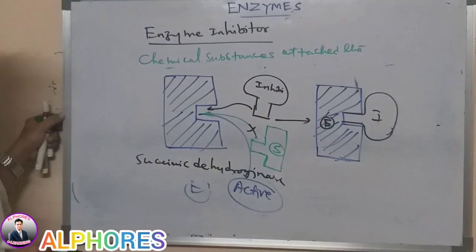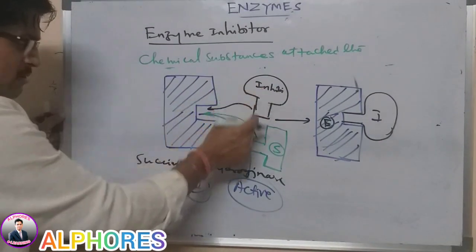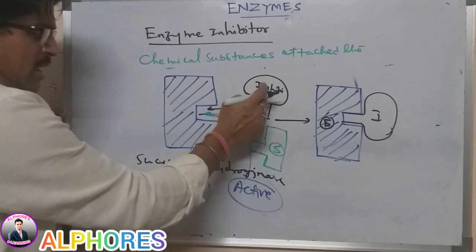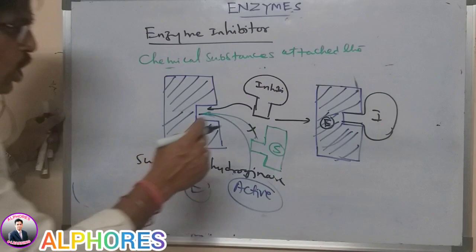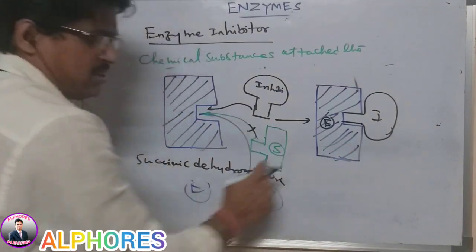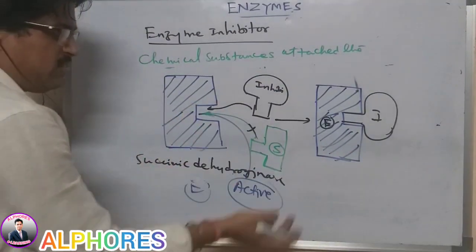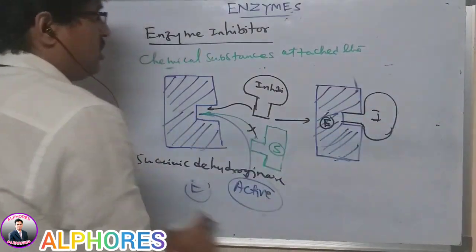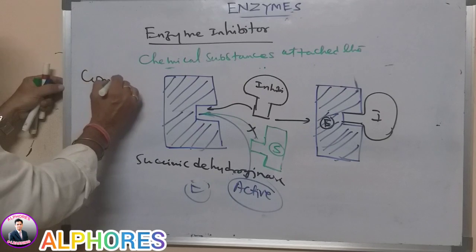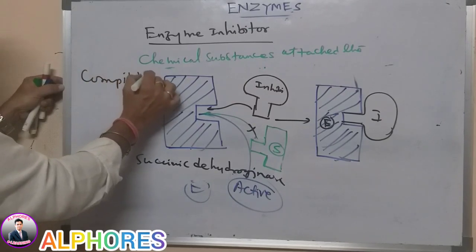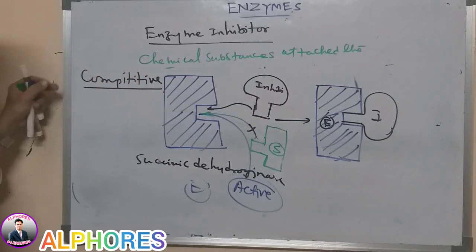So competition is there. The substrate and the inhibitor compete to form a complex, which does not allow the enzyme to act, and there is no possibility of the substrate molecules being converted into products. This is called competitive enzyme inhibition.